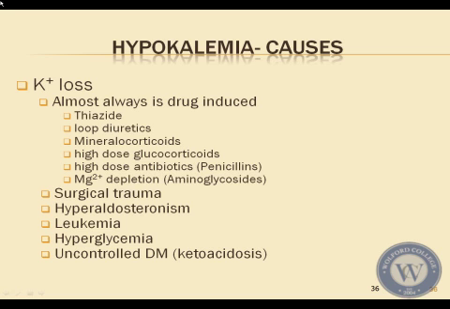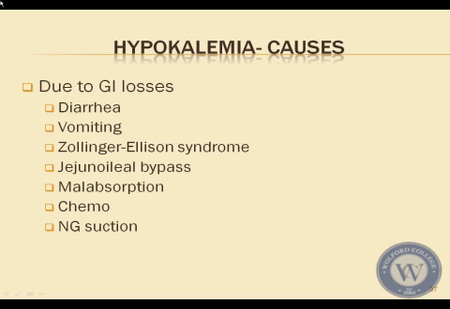Sometimes high-dose glucocorticoids can also do this, as well as high doses of antibiotics like penicillins, and magnesium depletion from things like aminoglycosides, which are antibiotics. Patients may also have significant loss due to surgical trauma, hyperaldosteronism, leukemia, hyperglycemia, and uncontrolled diabetes.